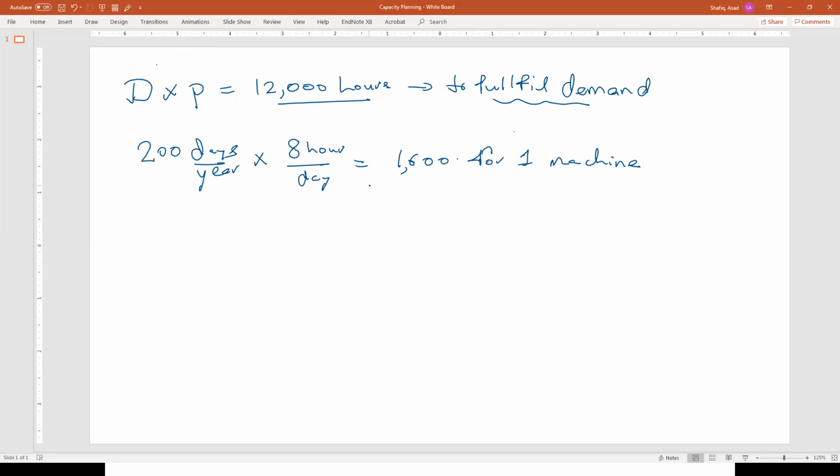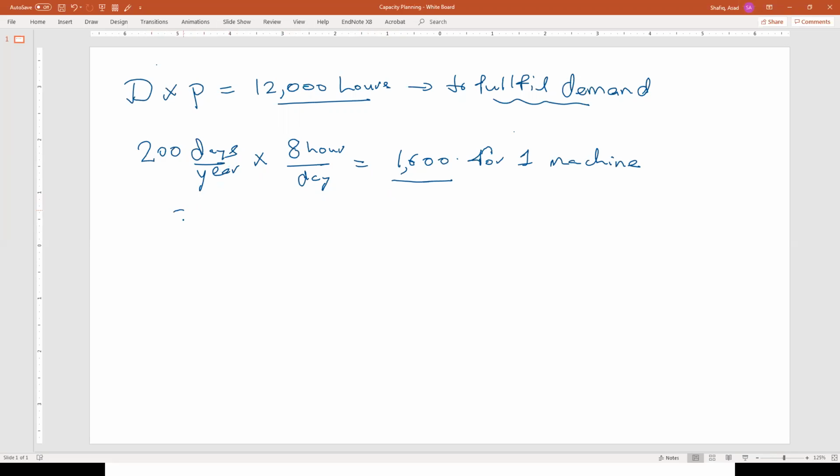Now these in principle are the theoretical hours you will have from one machine, which basically would assume that if you just keep on running the machine for 200 days a year, 8 hours a day, you will run the machine for 1,600 hours. But we know that in life, you always have to keep some cushion for eventualities.